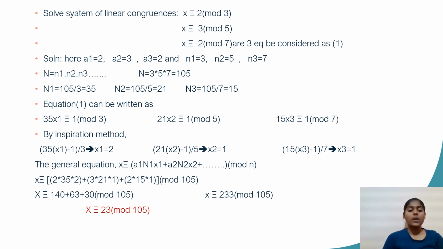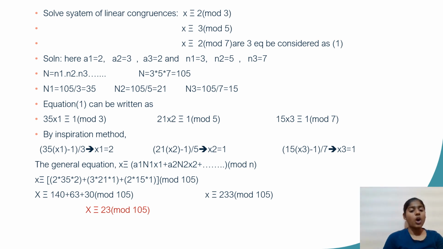The general equation: x congruent to small a1 capital N1 x1 plus small a2 capital N2 x2 plus and so on in mod N. Then x congruent to 2 into 35 into 2 plus 3 into 21 into 1 plus 2 into 15 into 1 in mod 105.